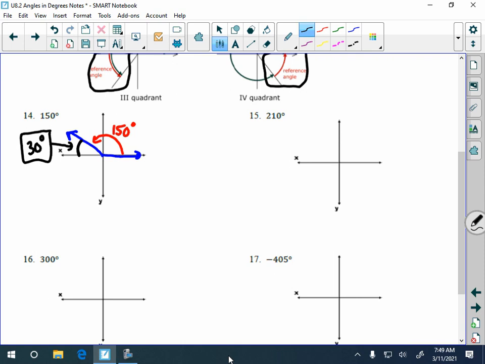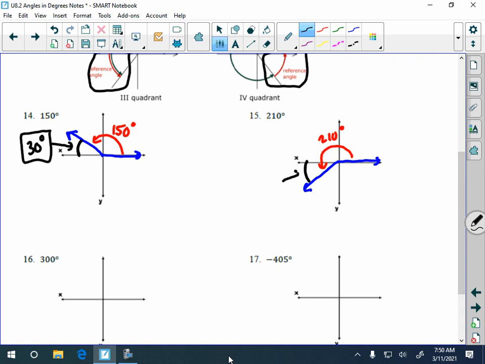All right, 210. So 210 is more than 180, so it's going to fall in quadrant 3. All right, so here's 210. So our reference angle is right here to the x-axis.